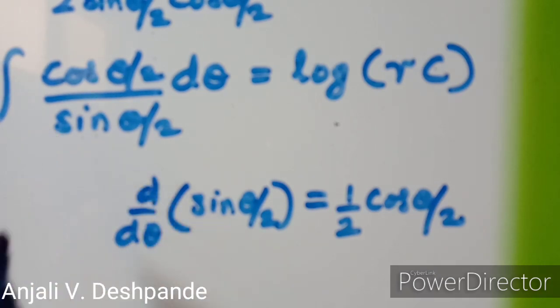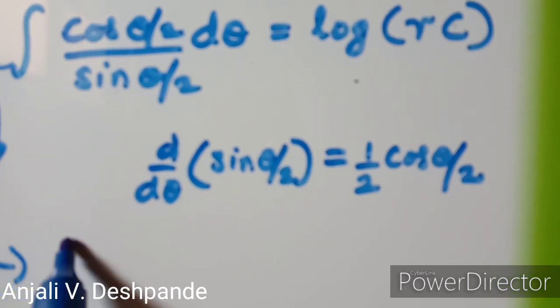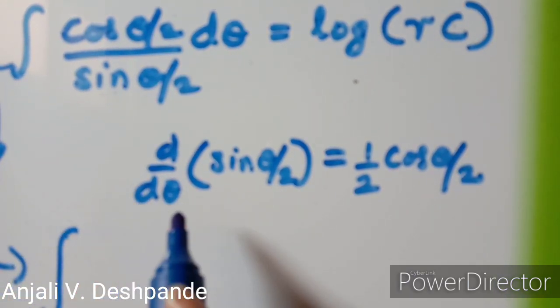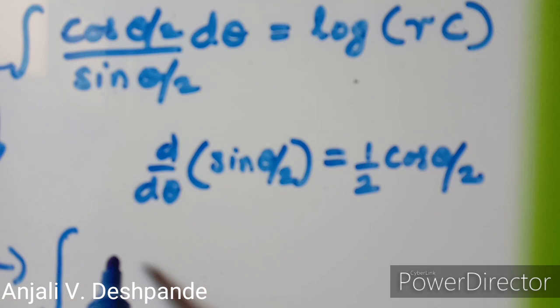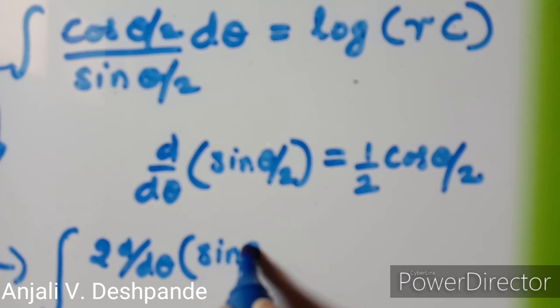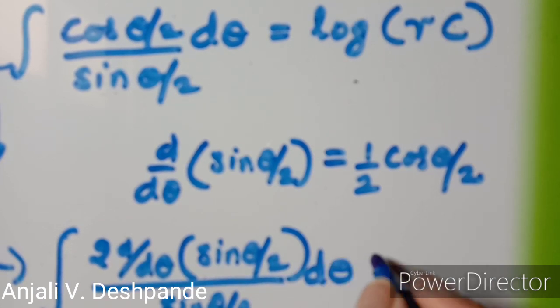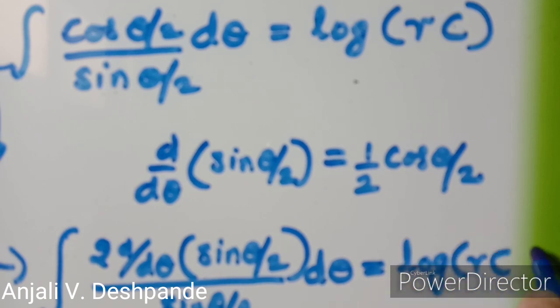So the integration we have here is nothing but the integration of 2 times d by d theta of sin theta by 2 divided by sin theta by 2 d theta is equal to log of r into c.